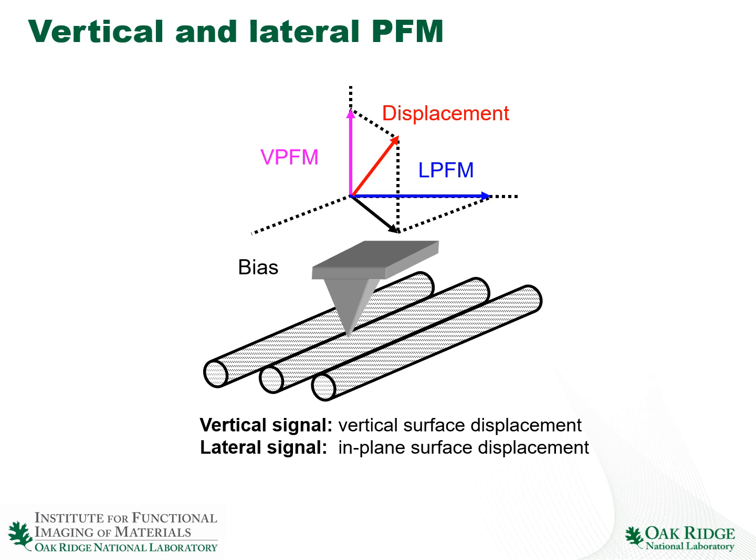This is generally called the lateral PFM signal, and you can of course ask a question: displacement is a vector, so what happens with the displacement component along the length of the cantilever? The answer is that this displacement will also contribute to the vertical signal, and in one of the next lectures I'm going to show you how we can quantify these dissimilar contributions to the PFM.